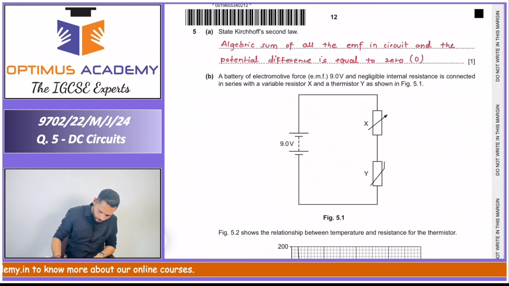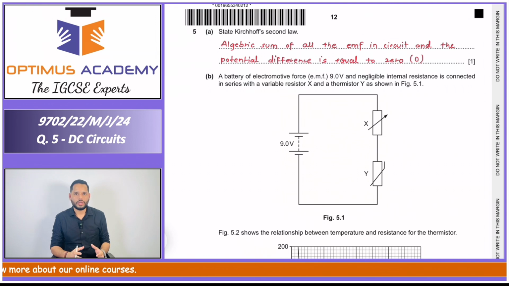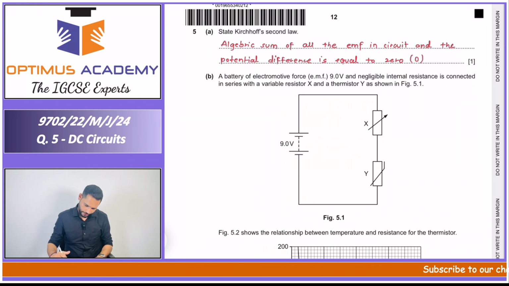So if we go on adding all the potential differences, the addition of all potential differences will be equal to the sum of all the EMFs connected in the circuit.